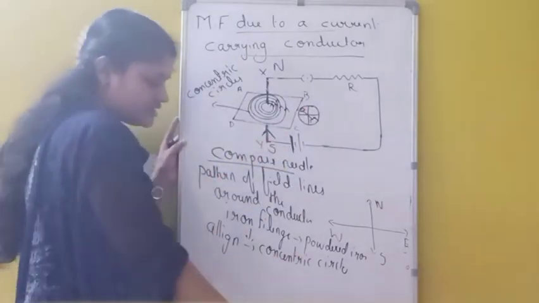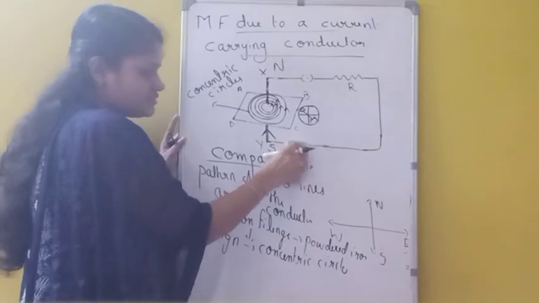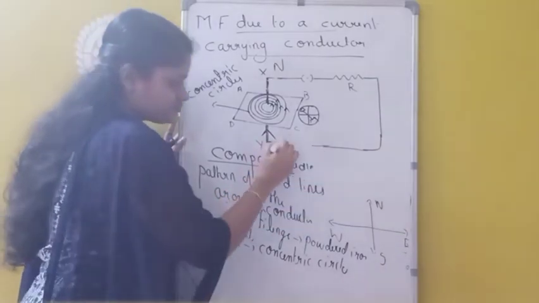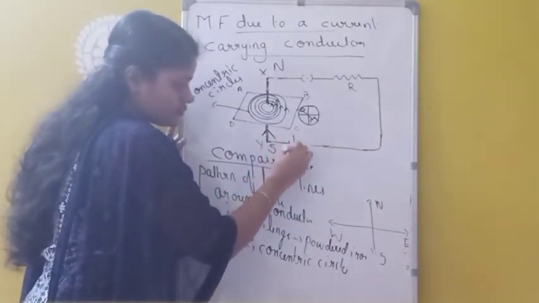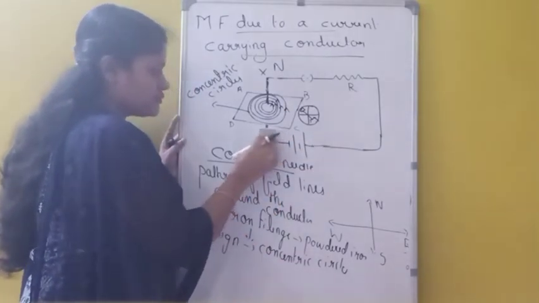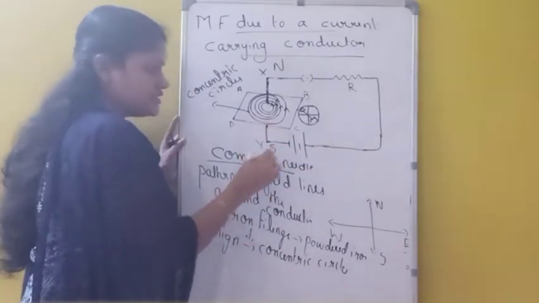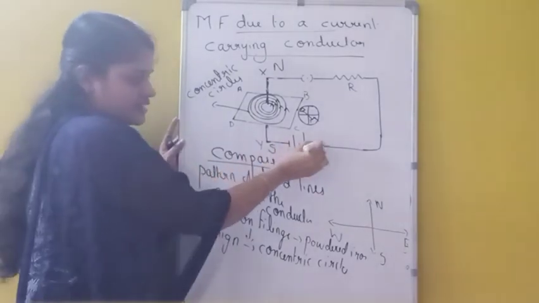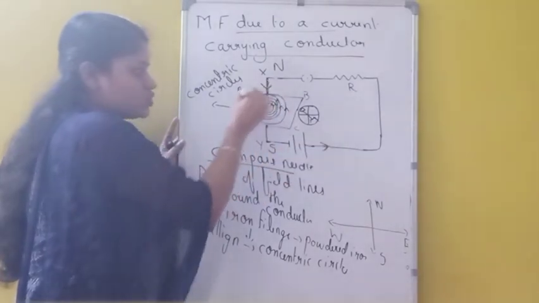Suppose you are reversing the current like this, so positive will be coming here. Now in this case, what is the direction of current? The current will pass from north to south.